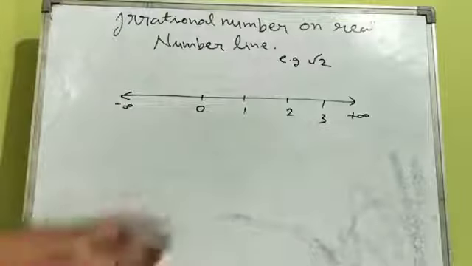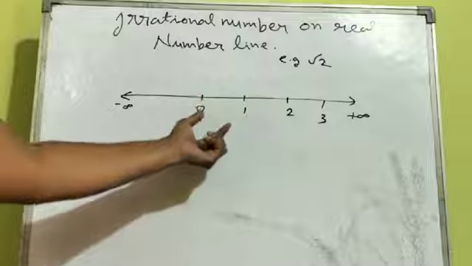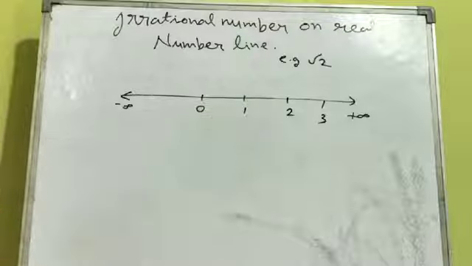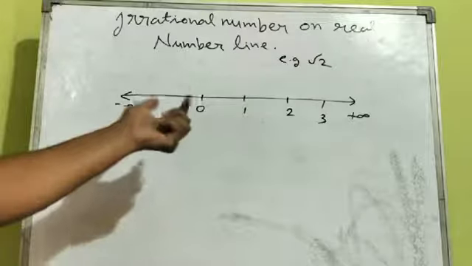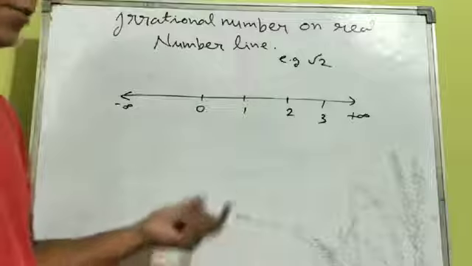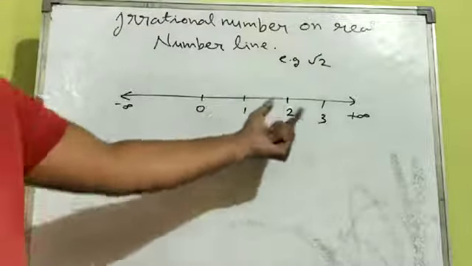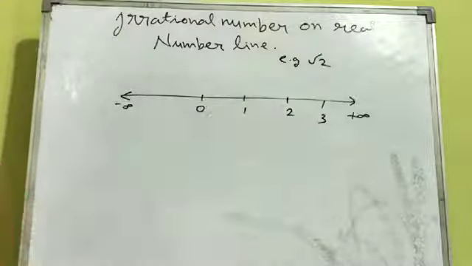Equal unit does not mean that this one is equal to 1 centimeter or 1 millimeter. You have to take whatever unit you find convenient. This one unit may be 3 centimeters, 4 centimeters, that does not matter. You have to just divide it into equal parts. So let this one be 1 unit.